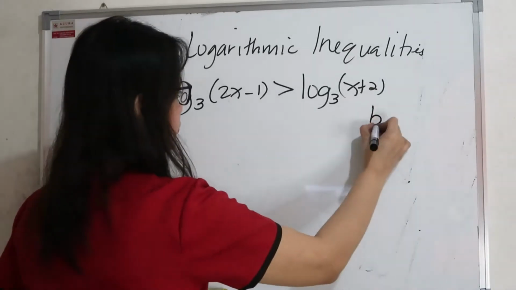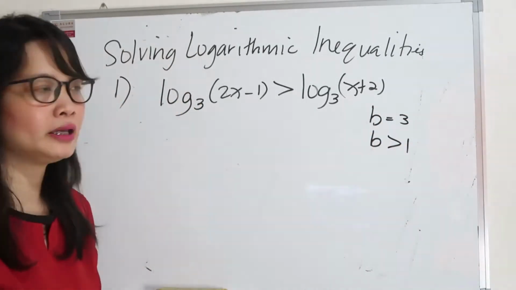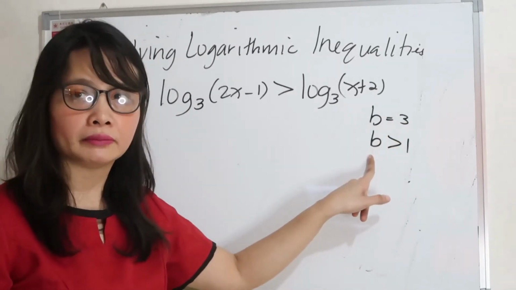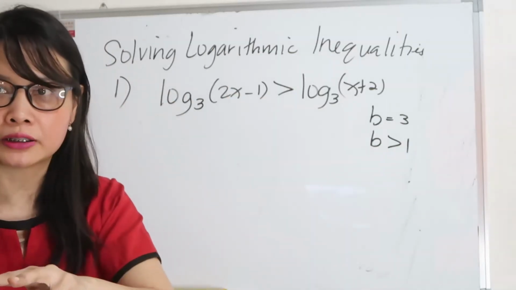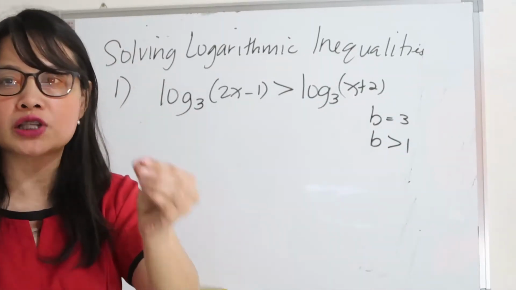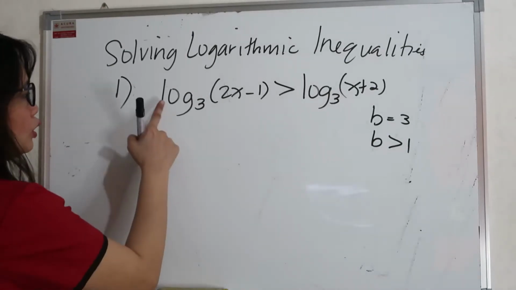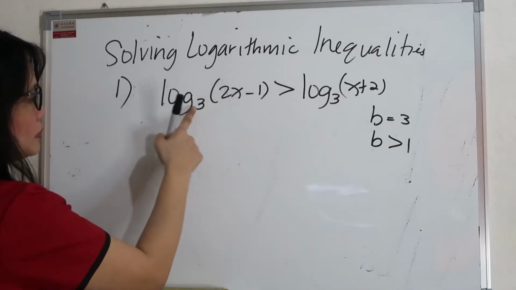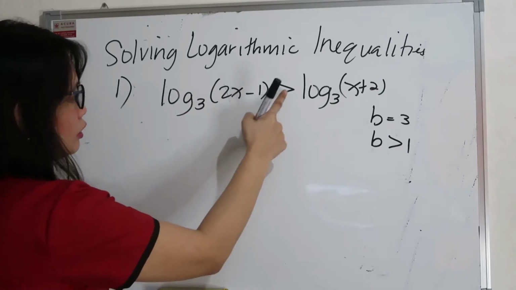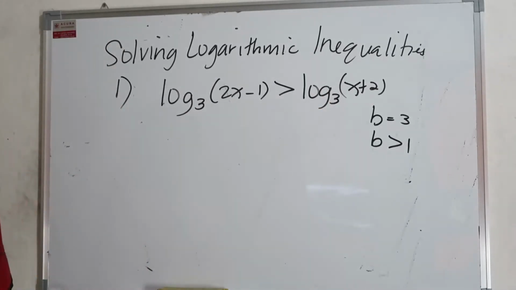So the base is greater than 1. Since 3 is greater than 1, we need to follow the second condition. So we have log 2x minus 1 with base 3 greater than log x plus 2 with base 3. So how do we apply the second condition?